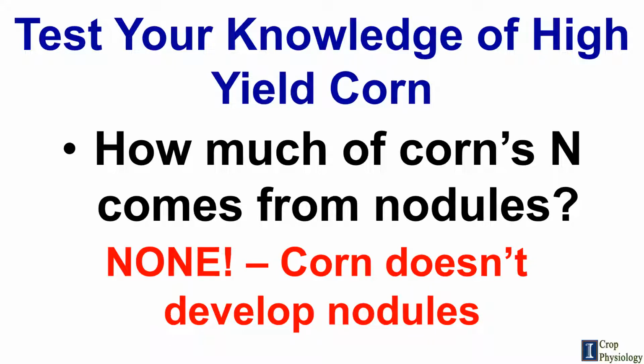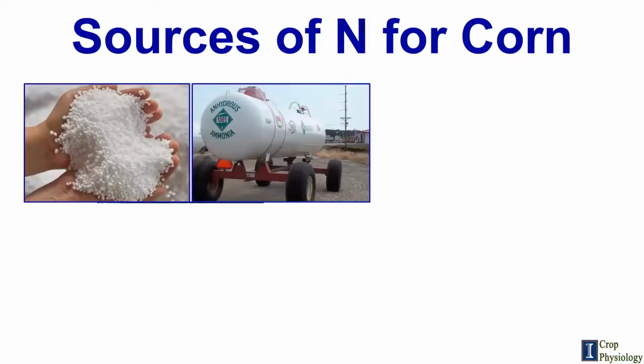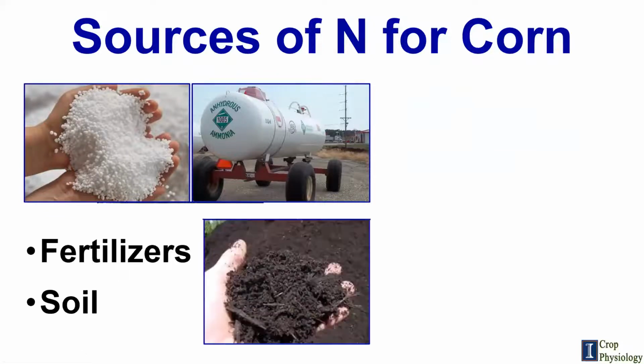Do we even consider that? Because when we think about sources of nitrogen for corn, there's two predominant ones that we're all familiar with. You have fertilizer, whether it's, think urea, anhydrous, UAN is the first source. And then the second source is soil, like I said, mineralization. And so corn supply, traditionally, is fertilizers and soil because they can't pull it out of the air.